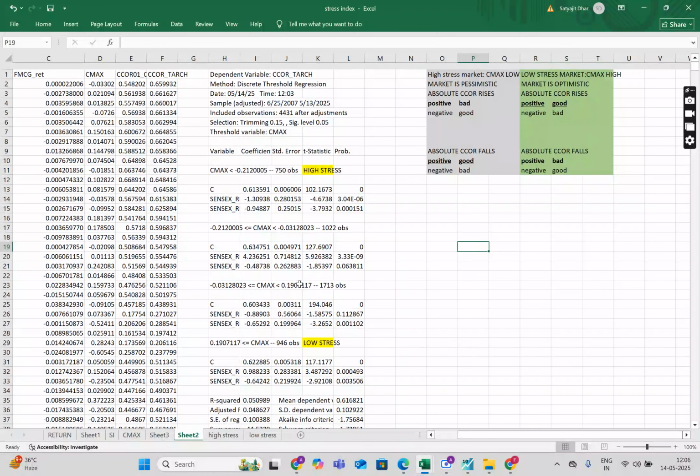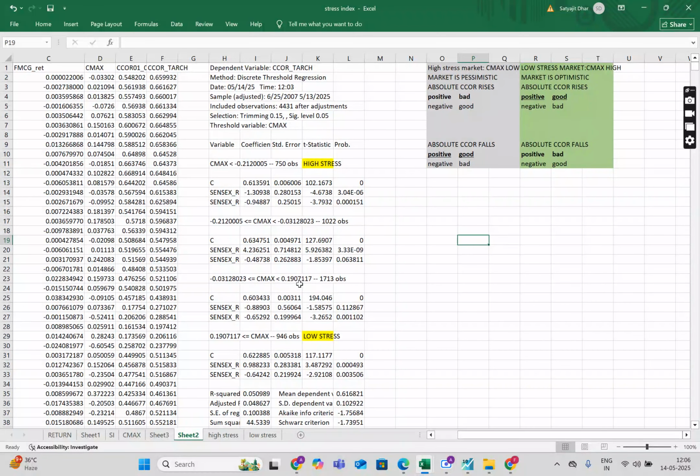So from here onwards, like in the previous video, we can do our sorting on the basis of these particular criteria of Cmax. And on the basis of that, we can find the empirical survival function of the low stress period and the high stress period also. That is, the low stress period will be the period where the Cmax is below this value, and the high stress period will be the period when the Cmax is more than or equal to this value.